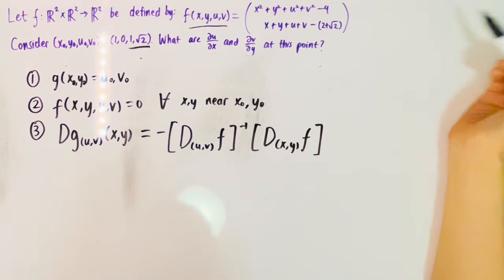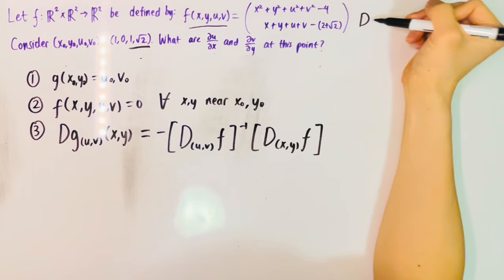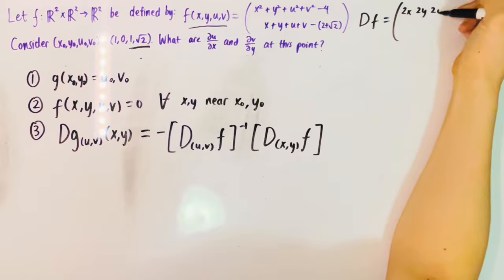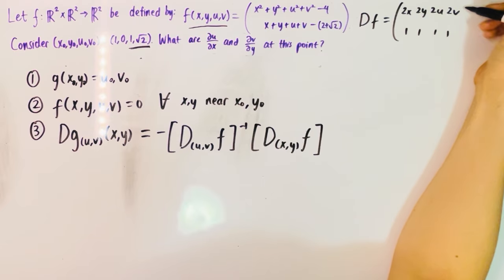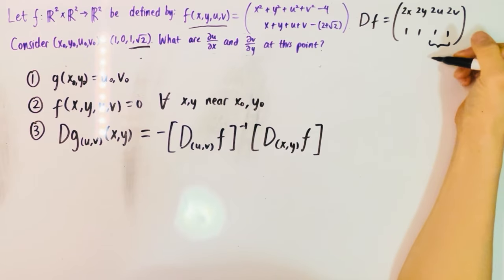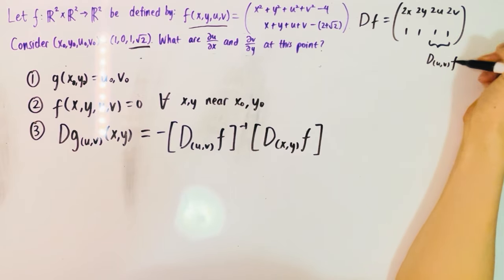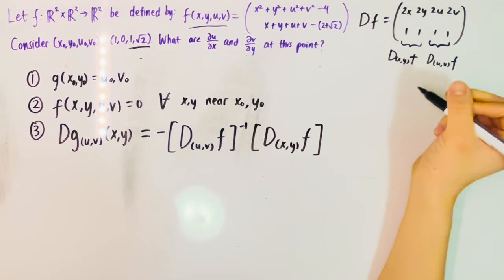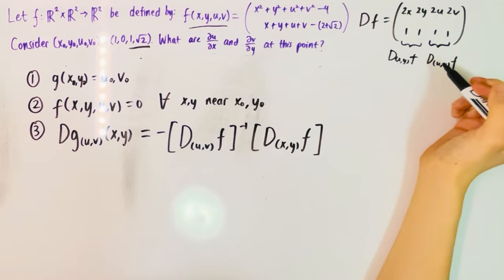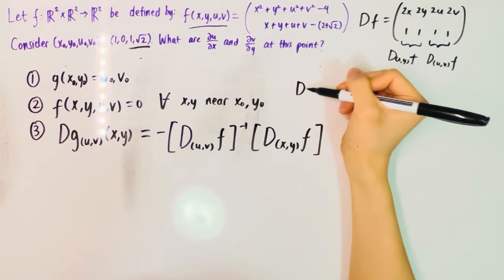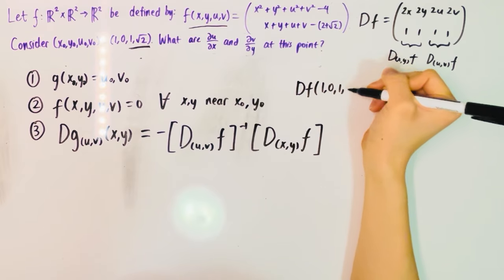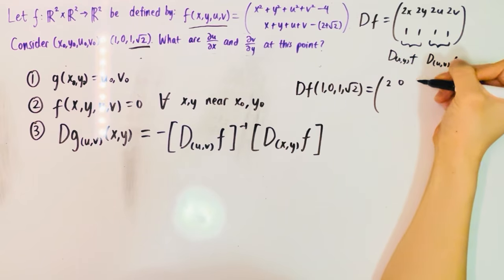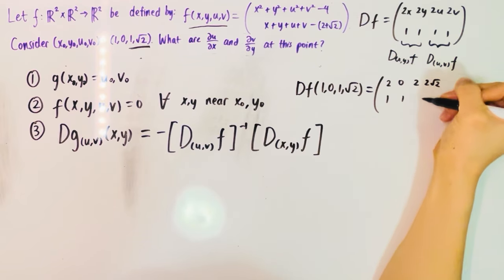Actually, I shouldn't have erased the partials because that's going to help us. We remember that df is equal to 2x, 2y, 2u, 2v, 1, 1, 1, 1. This is our d_(u,v) f, what we're solving for, and this is our d_(x,y) f, what we want to solve u and v in terms of. When we plug in the point 1, 0, 1, square root 2, we get 2, 0, 2, 2 square root 2, 1, 1, 1, 1.